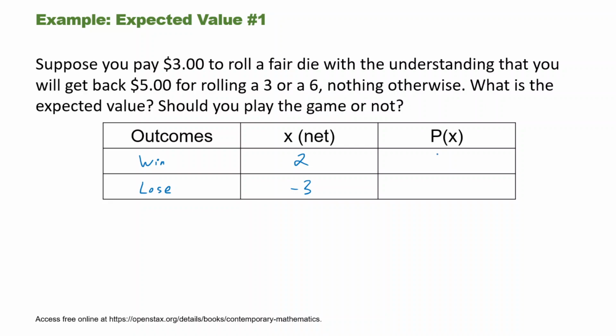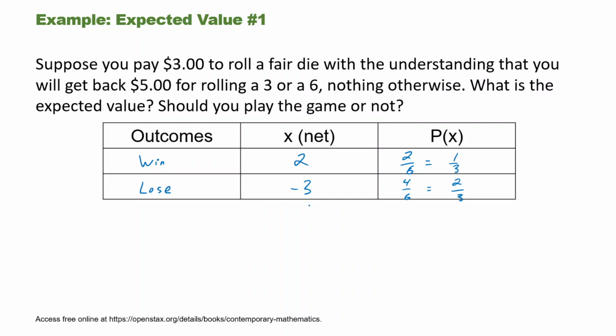So the probability is 2 out of 6 or 1 out of 3. Now, knowing that, the chance of losing this game is 4 out of 6, which is 2 out of 3. So you would expect in this game that a third of the time you would be gaining $2, and 2/3 of the time you'd be losing $3.